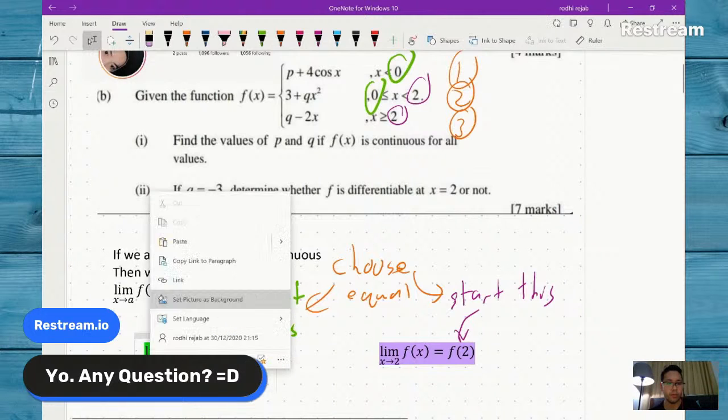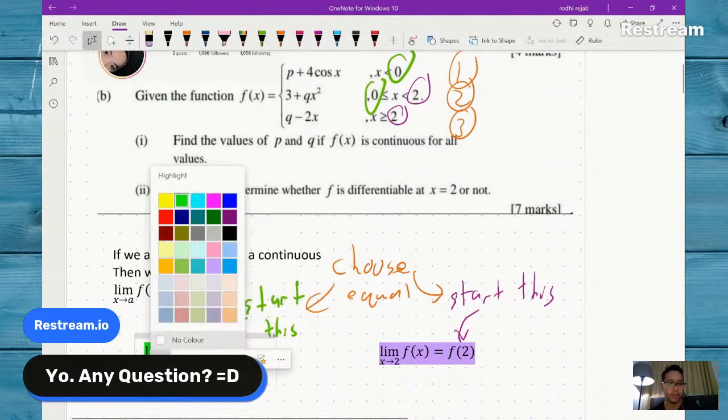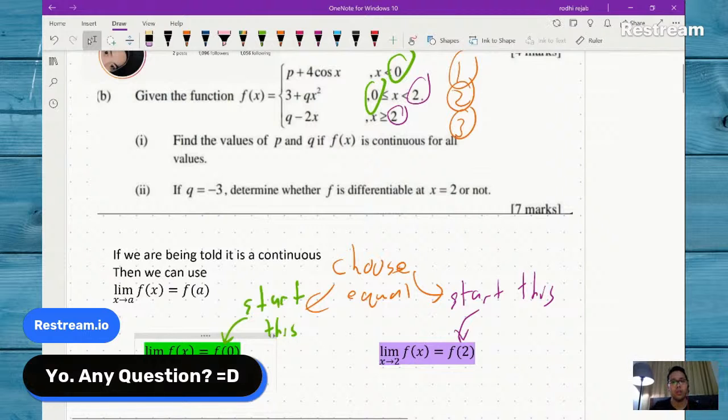If you want to start here, I should find a way to cancel the highlight. So we got ourselves 3q, x is 0, so 3 plus q times 0 squared.